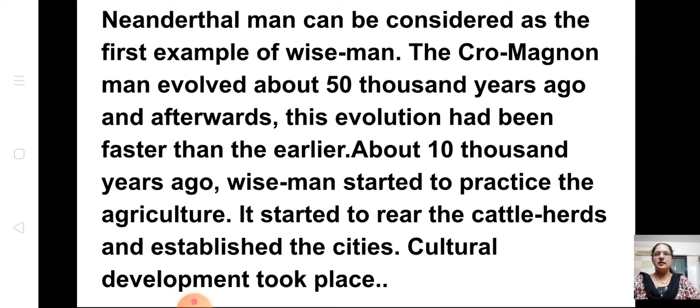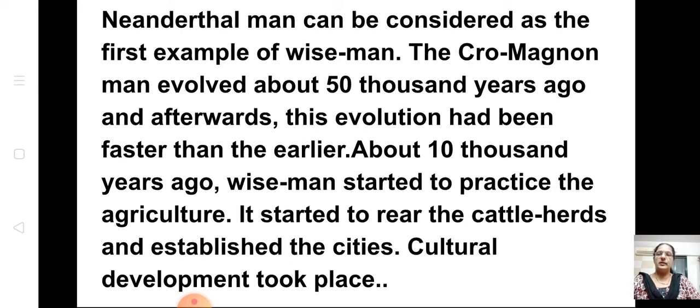The Cro-Magnon man evolved about 50,000 years ago, and afterwards evolution became faster than earlier. About 10,000 years ago, wise men started to practice agriculture, rear cattle herds and establish cities. Cultural development took place.